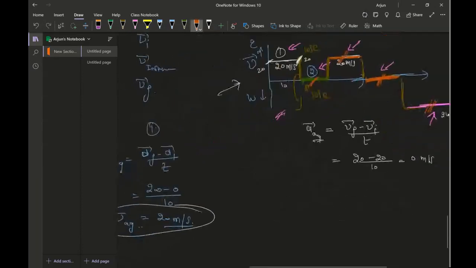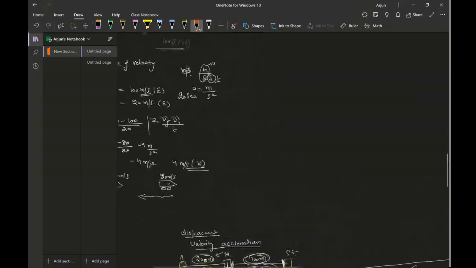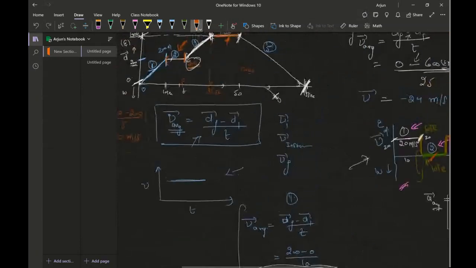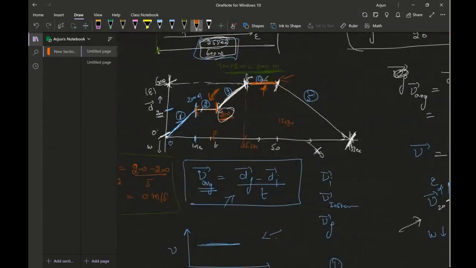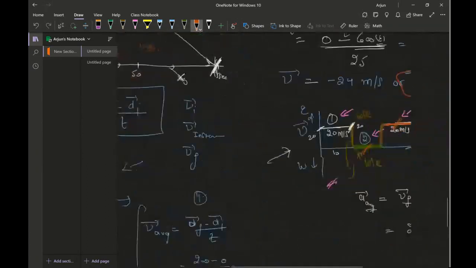Now if you see carefully, we've drawn some kind of a trend. If I show you, I kind of lost track of the diagram. Yeah, so if I look carefully, when we had a horizontal line on the displacement time graph, it led to no line on the velocity time graph.